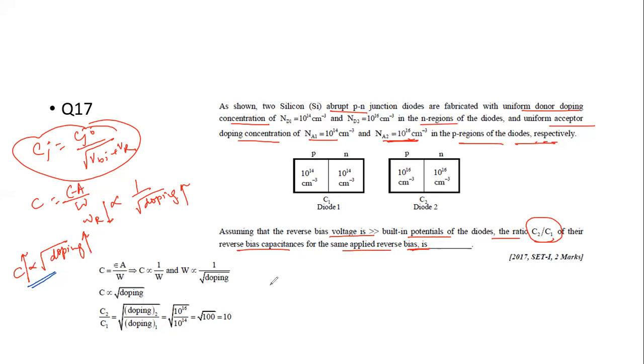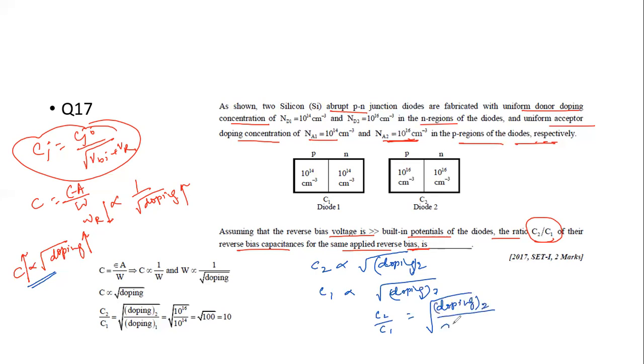Got it? Now here we have to find C2 by C1. C2 is directly proportional to under root doping 2, and C1 is directly proportional to under root doping 1. So C2 by C1 is equal to under root of doping 2 upon doping 1.